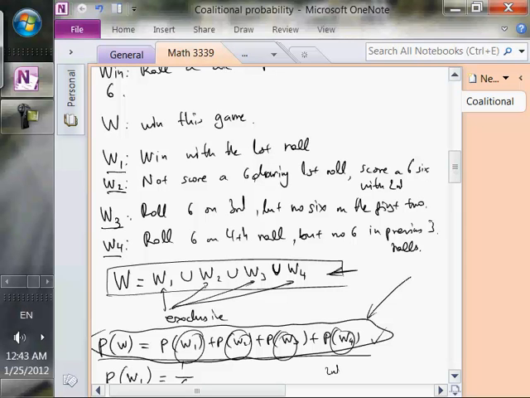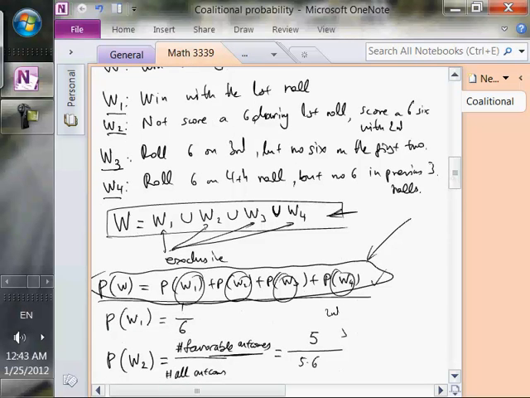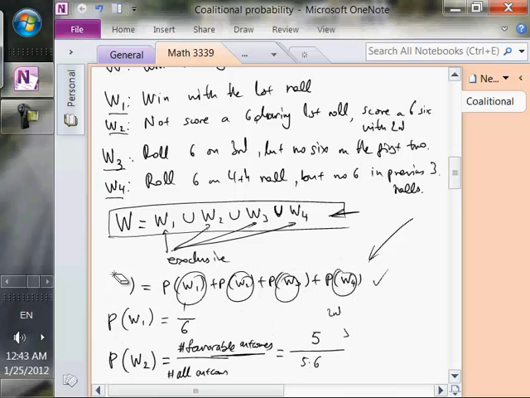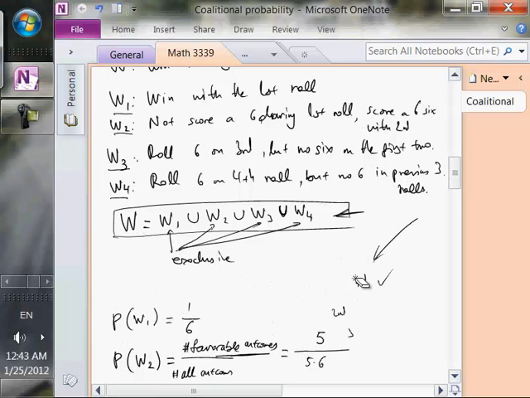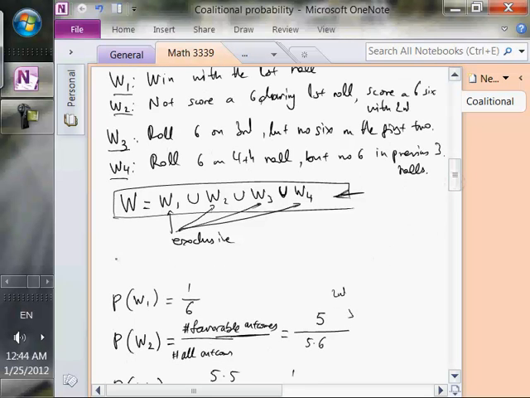Now, the truth is that this equation here is correct, and I'm going to rewrite it again, but I will review a little bit the computations. So P of W, the probability of W, is the sum of the probabilities of these other events, W3, W2, and W4.